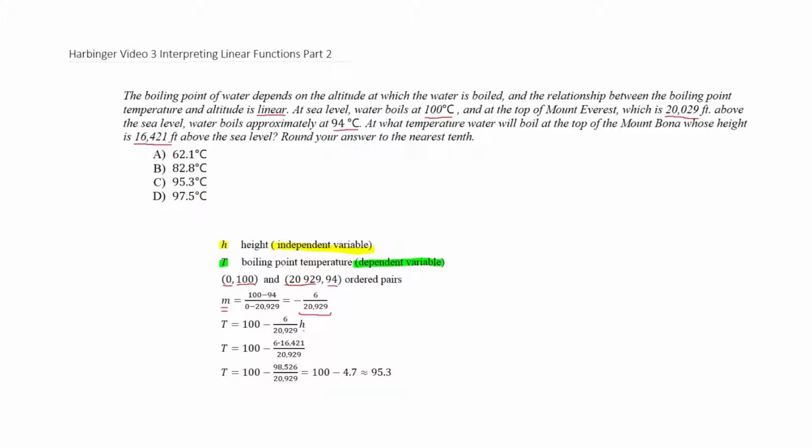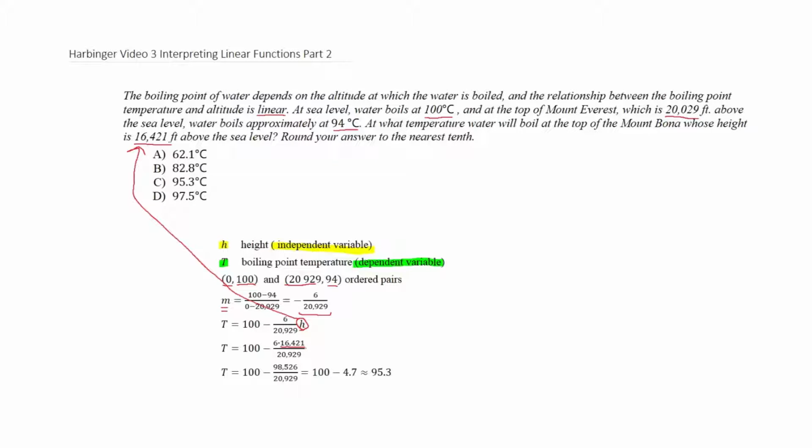T is equal to 100 minus 6 over 20,929 H. And by plugging in the value for H equal to 16,421 feet, we can find the temperature T at which water boils at this altitude.